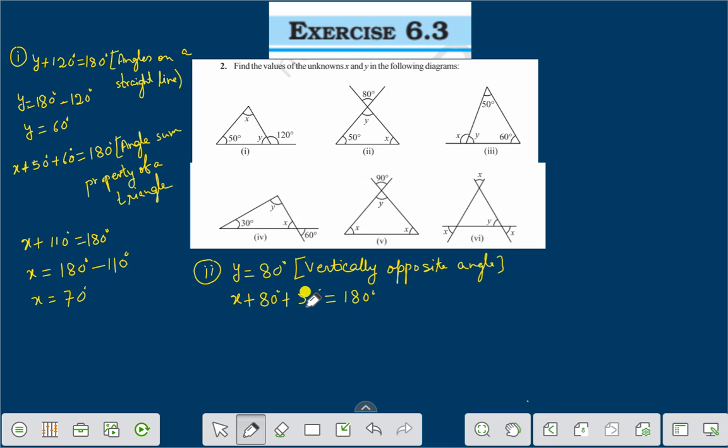Therefore, x plus 80 plus 50, that is 130 degree, is equal to 180 degree.